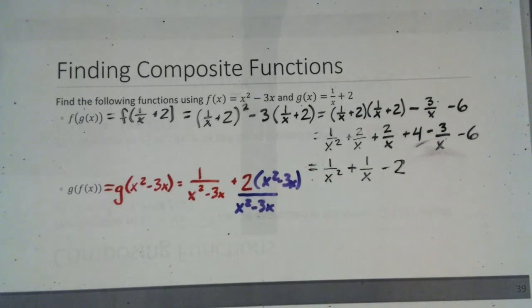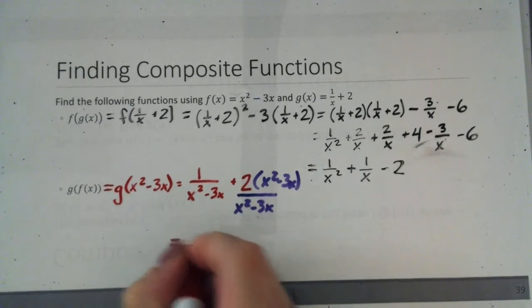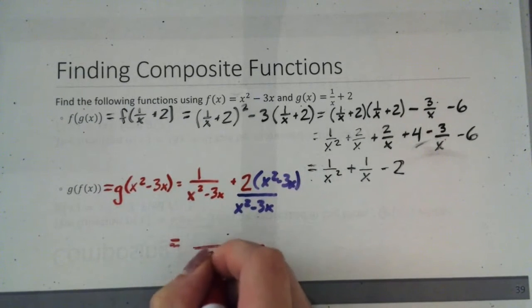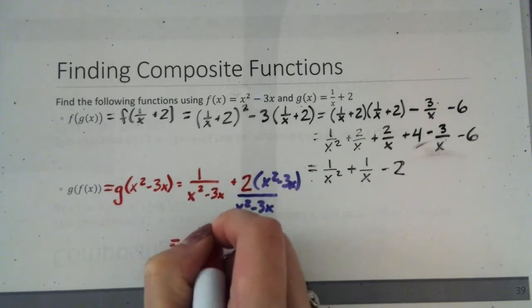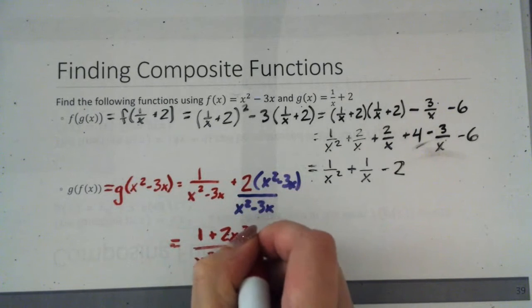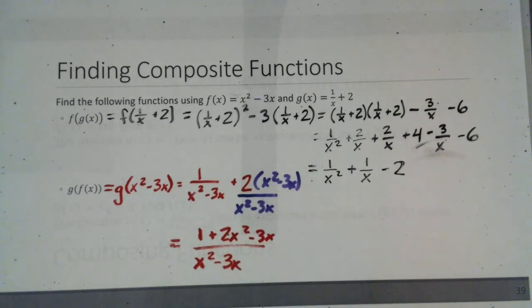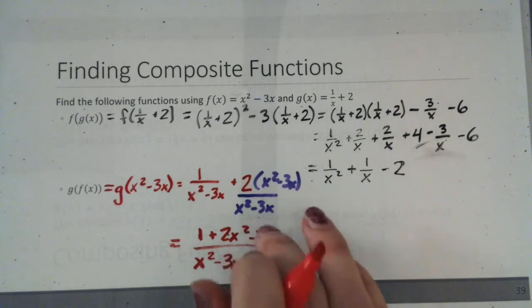And if I do that, then I have the same denominator, so I know I'm going to be able to combine them. We have x squared minus 3x in the bottom. In my numerators, I have 1 plus, if I distribute through, 2x squared minus 3x, or minus 6x. We're distributing.